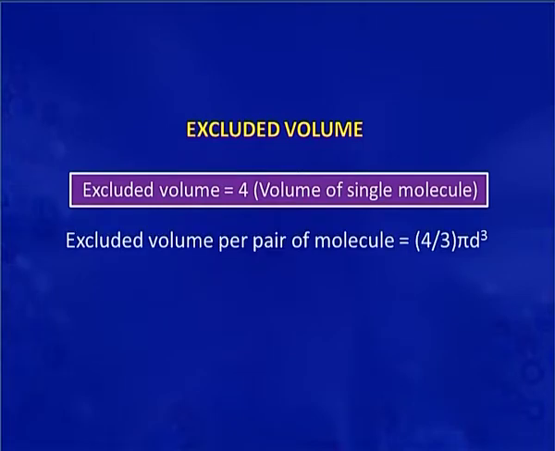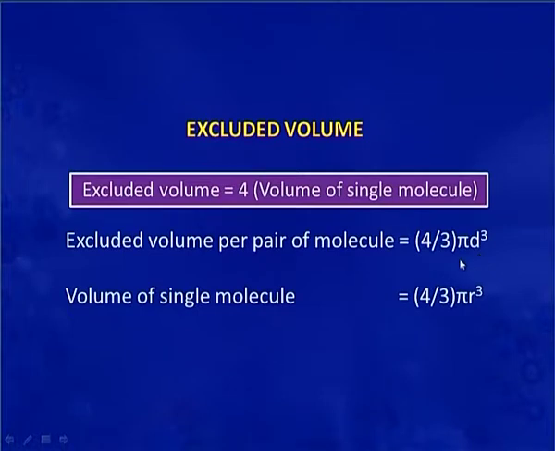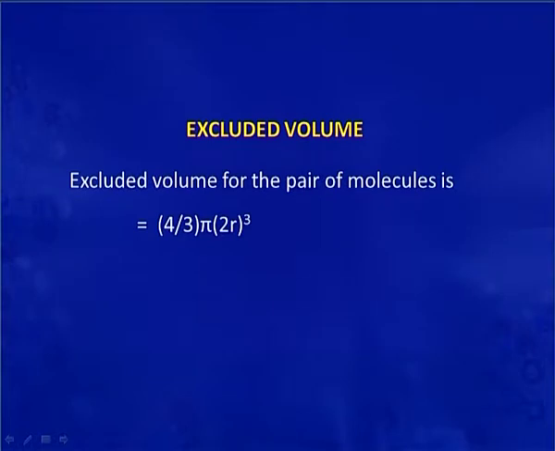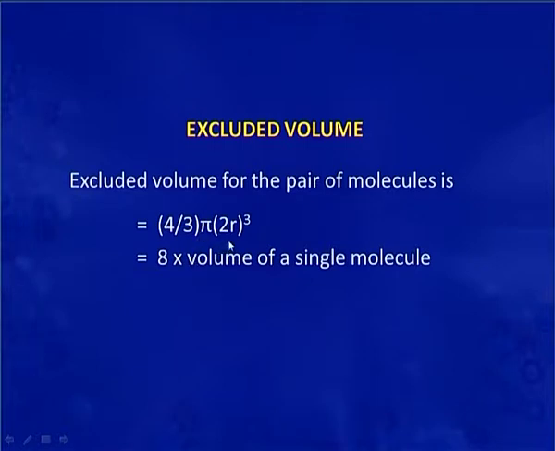Now, we have to derive it. The excluded volume per pair of molecules is 4/3 π d³. In place of d, we can write 2r. As we know, the volume of a single molecule is 4/3 π r³, and we have written d as 2r. So, the excluded volume of the pair of molecules is 4/3 π (2r)³, so the equation will be 8 × 4/3 π r³.